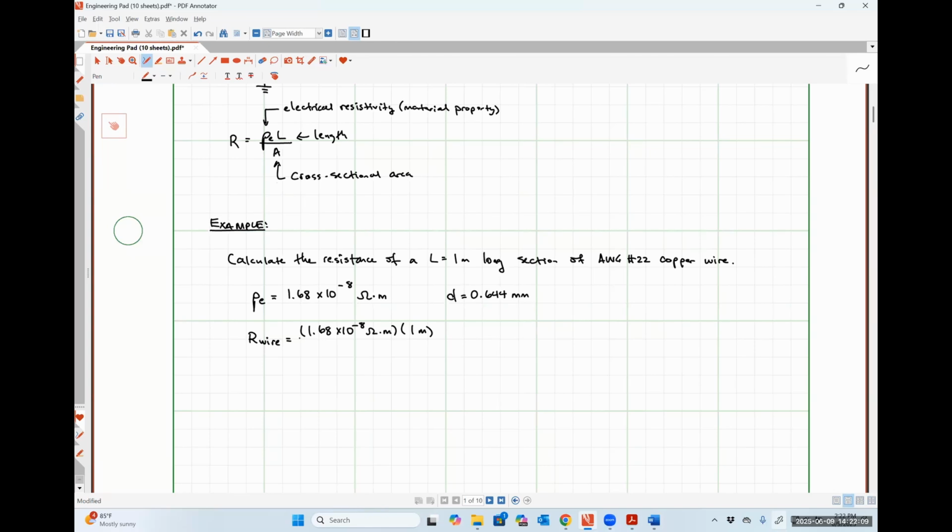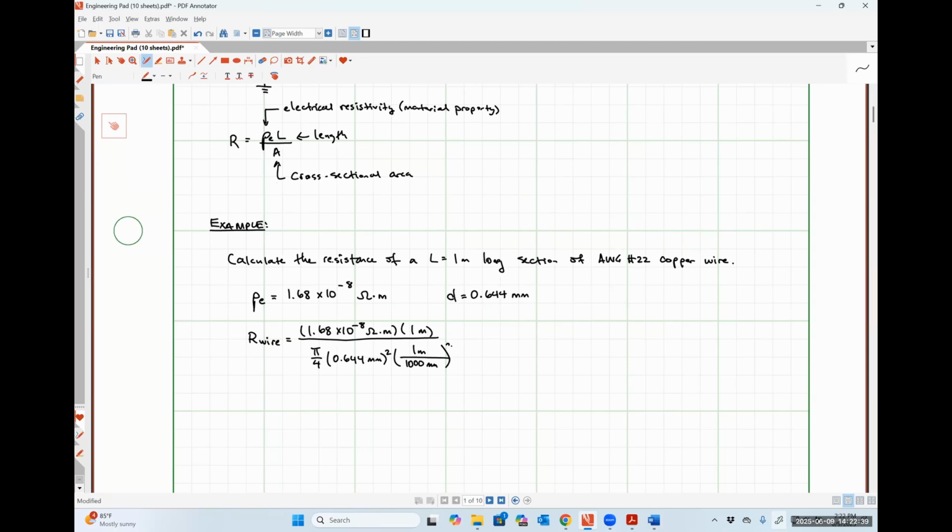And then down here on the bottom, and I apologize for my error again, we're going to have our cross-sectional area. So since we have the diameter, we're going to use pi over 4 times d squared. So that'll be pi over 4 times 0.644 millimeters squared. And then there are 1,000 millimeters per meter.